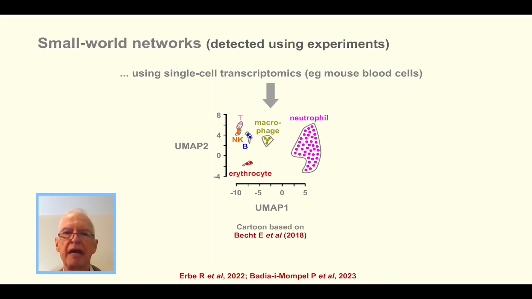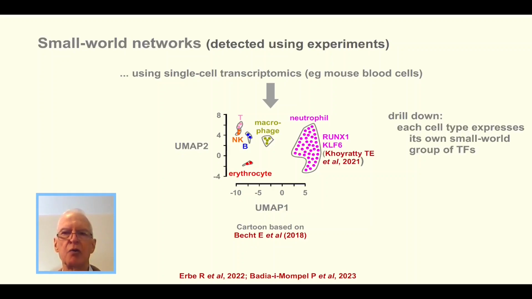You will have seen many plots like this, where each dot represents the transcripts that are found in a different cell. In this case, they're taken from mouse blood. The group of transcripts in cells can be grouped together so that neutrophils tend to contain transcripts of the same type that are different from those found in macrophages.